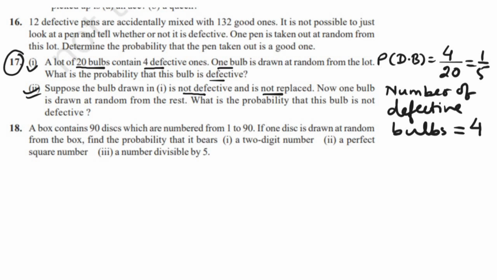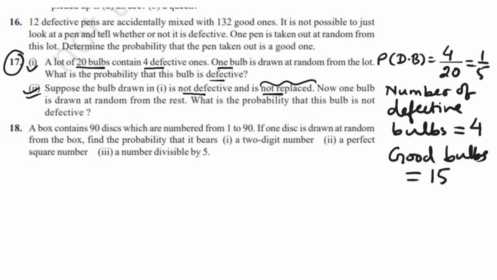So it is one of the good ones that was picked up. So 4 defective bulbs are still there in the lot, and it is not replaced. So the number of defective bulbs is 4, and the number of good ones, which was 16, is now 15. Why? Because the one that was drawn is not defective and it is not replaced also.